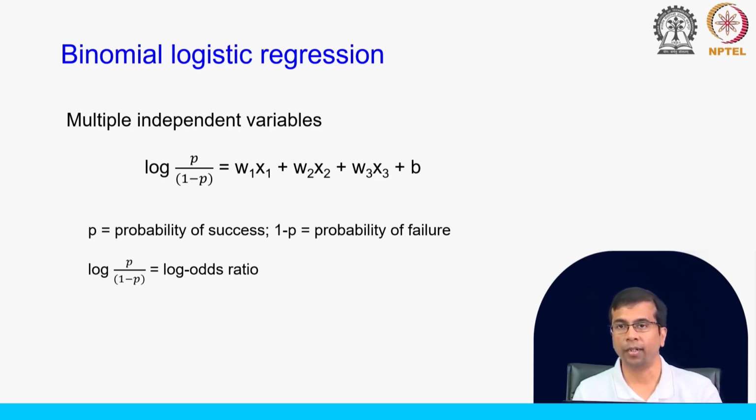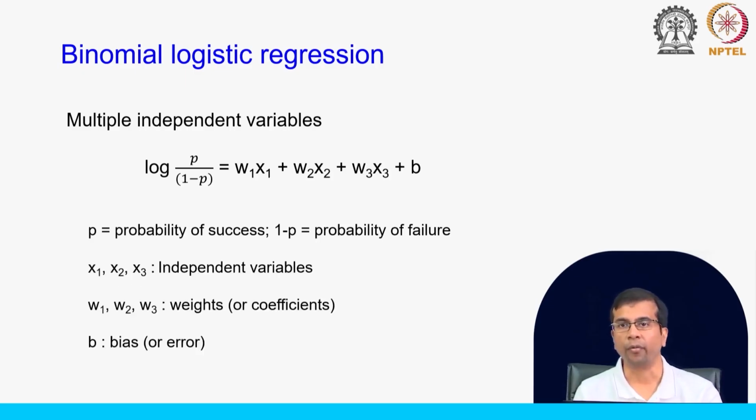As you can now see the difference with linear regression, here we are assuming the log odds ratio is a linear function of the independent variables, and this is what we represent here. Compared to linear regression, this is a different relationship, but nevertheless we assume a linear relationship between a measure, the log odds ratio, and the independent variables.